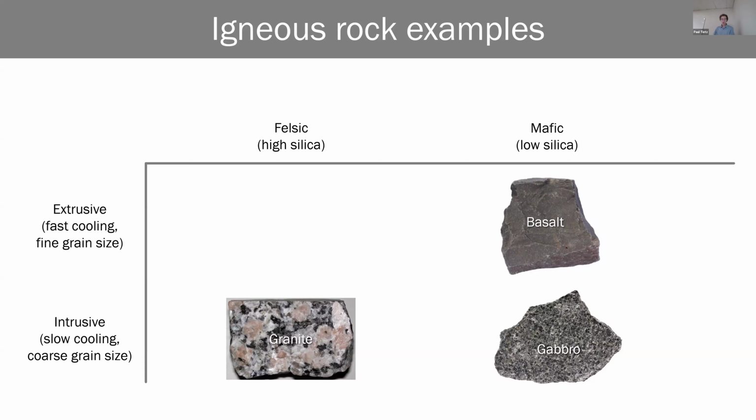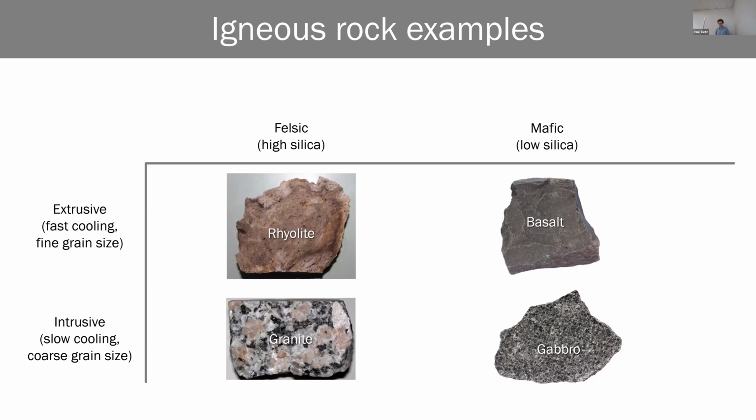Then similarly, a felsic rock, we would expect it to be similar in color to granites, but if it's fast cooling, it probably doesn't have those same pretty granite countertop grain sizes. An example rock there is rhyolite. The best place to see this is over in the Cascades on these volcanoes, where you have some of this very felsic magma with high silica content.